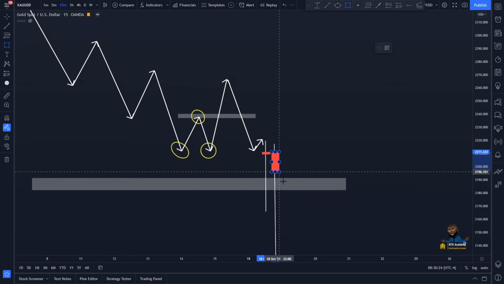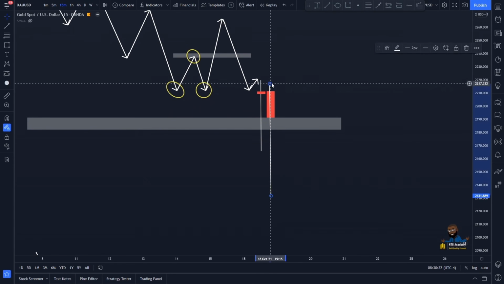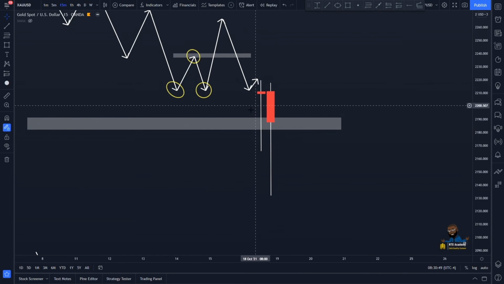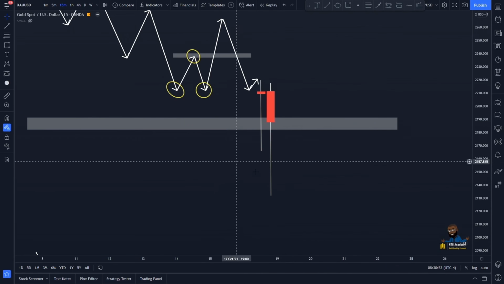So it gives us a longer push, and it's like, okay, it's definitely going bearish. It gives us a long push, and then it gives us another rejection right off of the zone. So we got 2 rejections here.